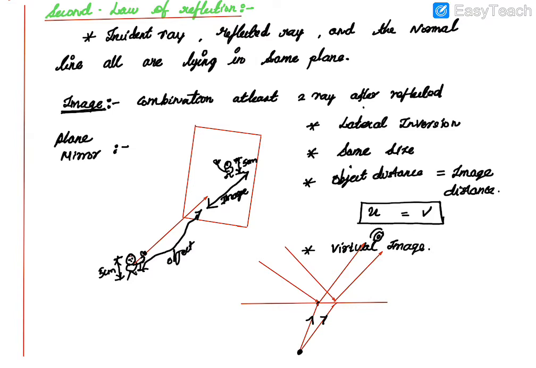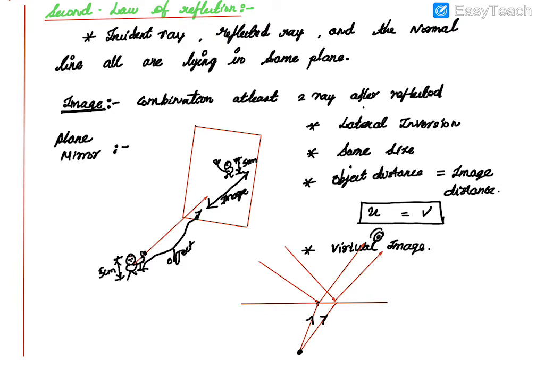This kind of image is called a virtual image. A virtual image cannot be formed on a screen; it only appears to come from one point.